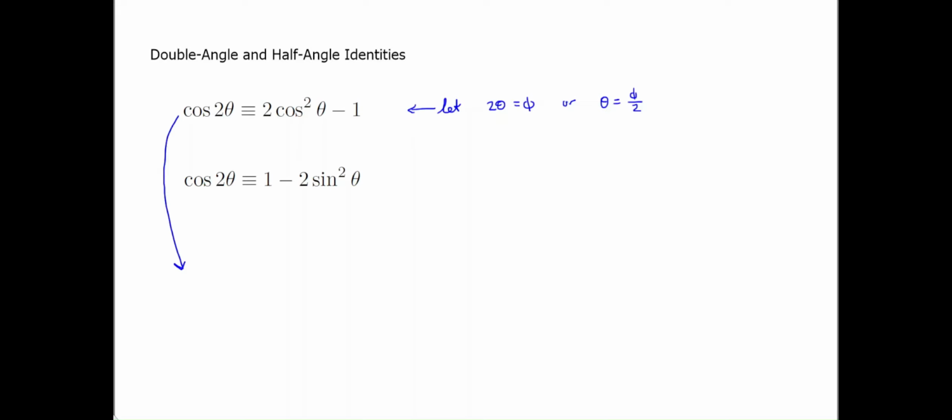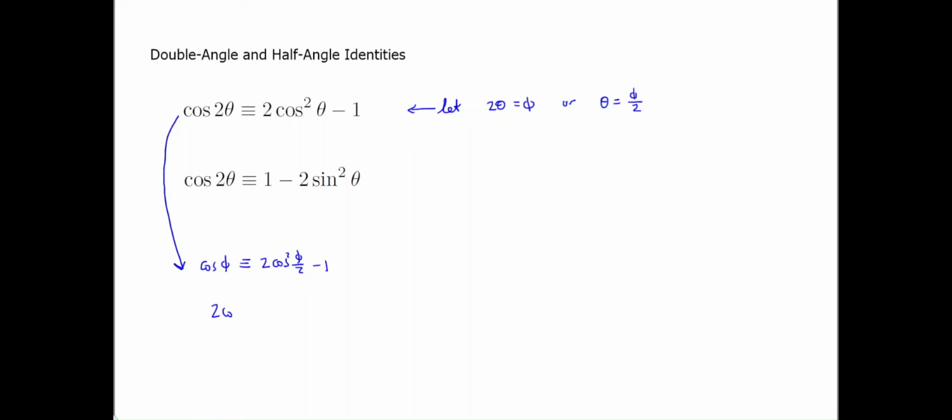So let's solve that for our new half angle. Here we're going to have cosine phi identical to 2 cosine squared phi over 2 minus 1.